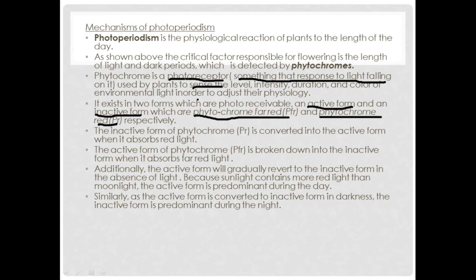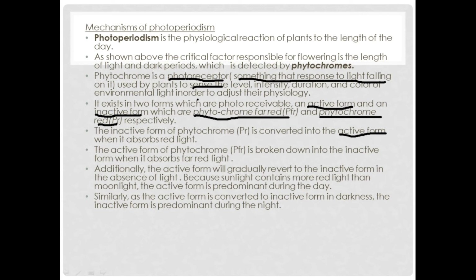The inactive form of phytochrome can be converted to the active form when it absorbs red light. So if phytochrome red absorbs red light, it can be converted to the active form, phytochrome far red.